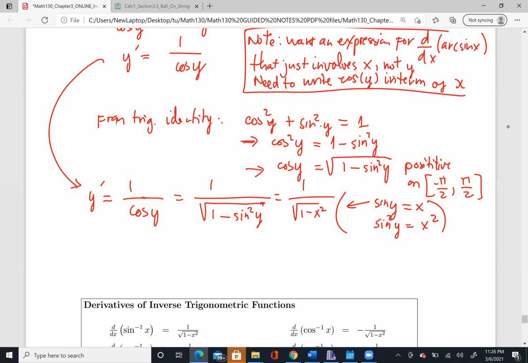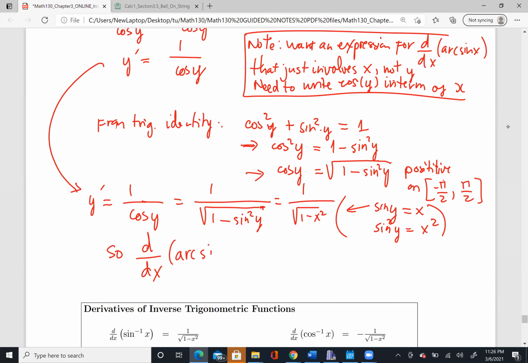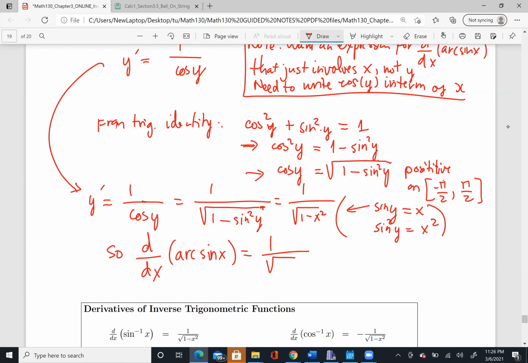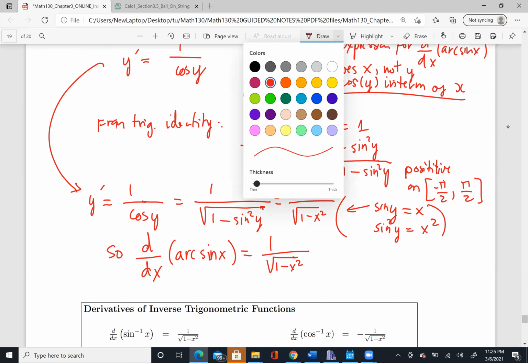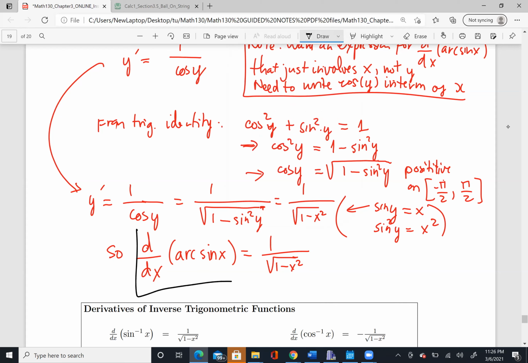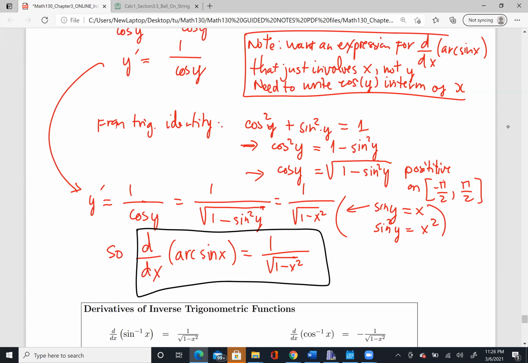And so the derivative of arcsine x will be equal to 1 over the square root of 1 minus x squared. And from now on, you can use this formula to find the derivative of inverse sine x.